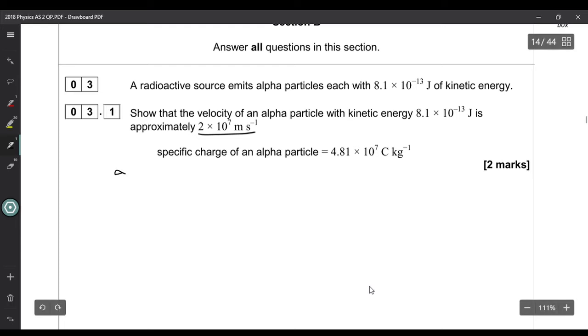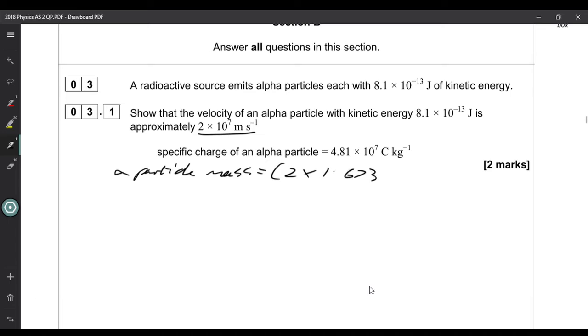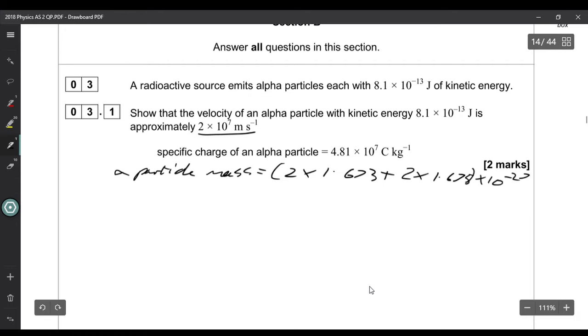So an alpha particle mass equals 2 times 1.673, which is the mass of a proton, plus 2 times 1.675, which is the mass of the neutron, times 10 to the minus 27, and that comes out to be 6.696 times 10 to the minus 27.